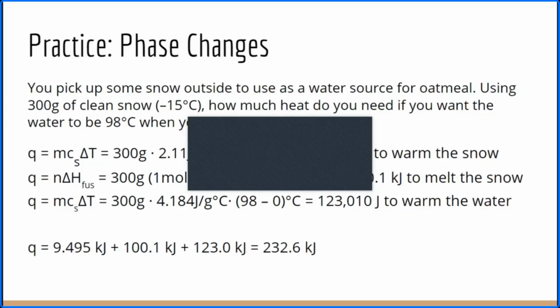Excuse me. And so lastly, we take those values and we simply add them up. And that's going to give us our final full amount of energy needed to take snow from negative 15 degrees Celsius and bring it to 98 degrees Celsius in a liquid form. And that's going to come out to 232.6 kilojoules.